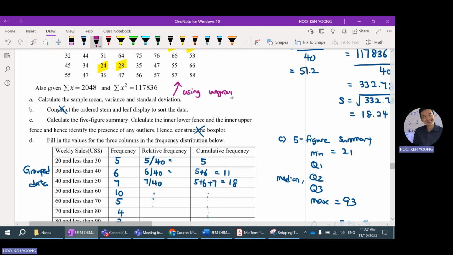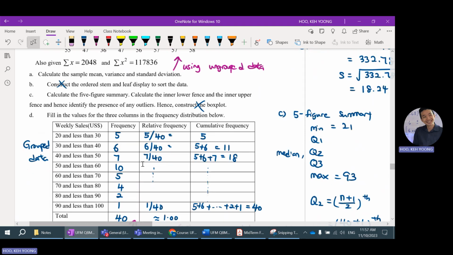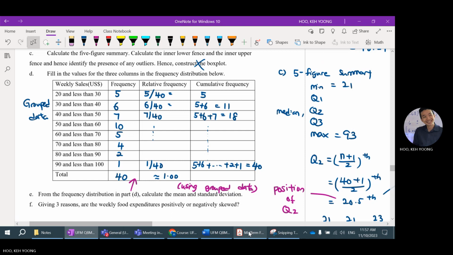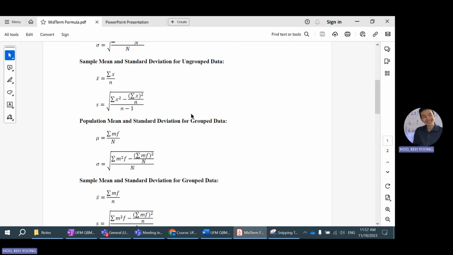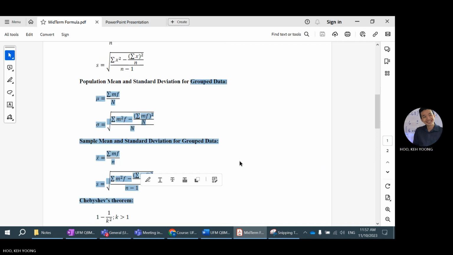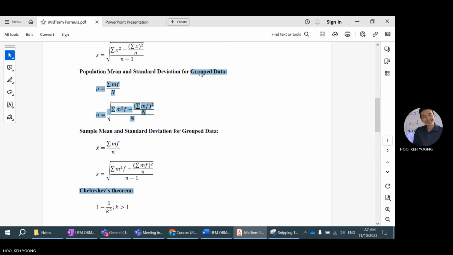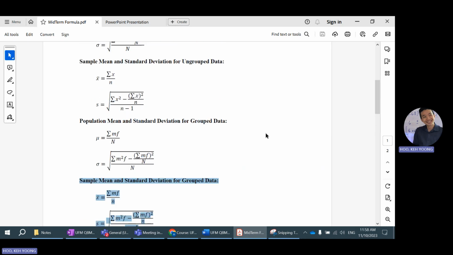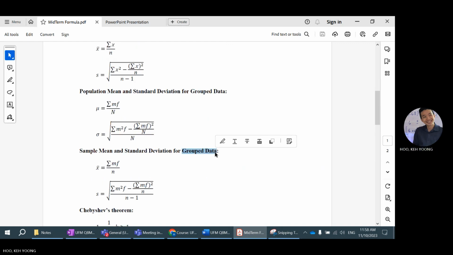So the formulas to use for question E should be for grouped data. This is the formula you use for question E, sample mean and standard deviation for grouped data. Just now we were using ungrouped, now we will use grouped.